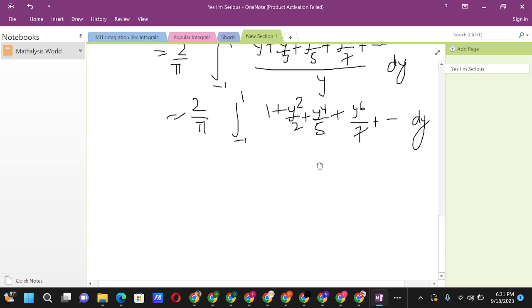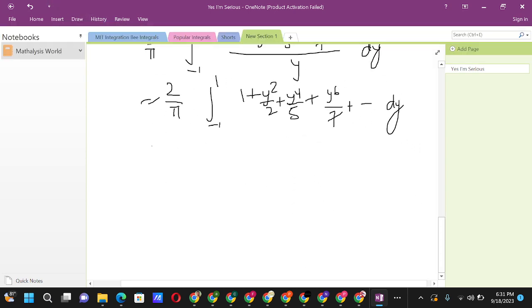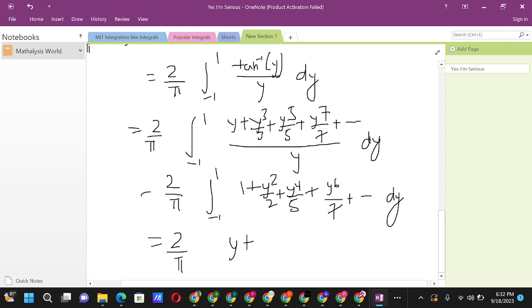Now to make this integration, we can just integrate it term by term, and that's also easy. Y plus, it's fine, but it was 3 over here, not 2. Now it's fine. Y plus y cubed by 3 square plus y to the power 5 by 5 square plus y to the power 7 by 7 square and so on, and evaluate from minus 1 to 1.